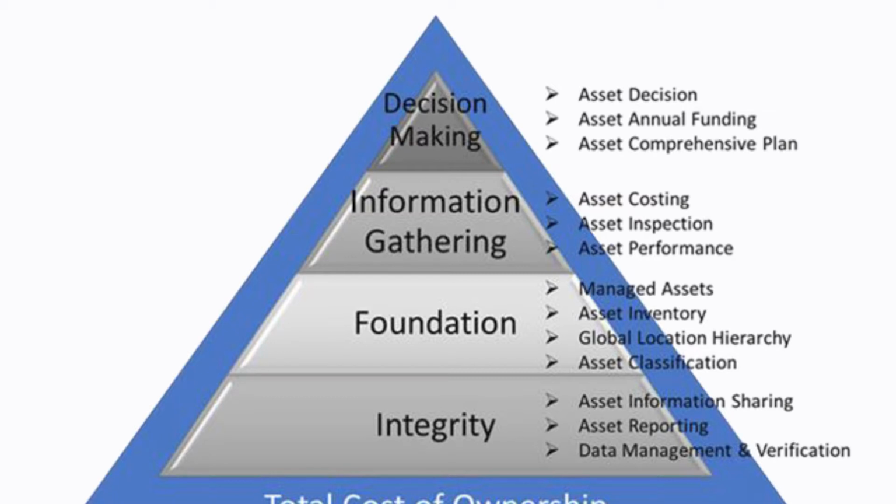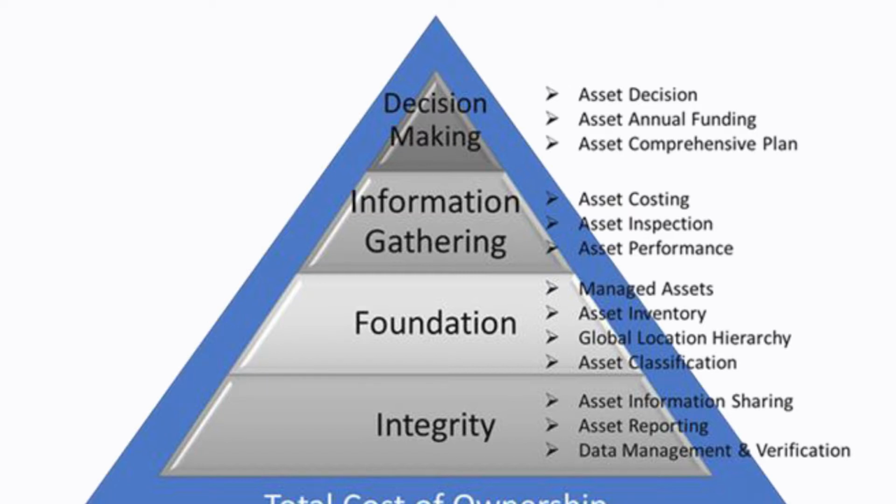Foundation, what assets are you managing? House it somewhere. Assign a location. That could be GIS, or that could be it's on the corner of 24th and Speedway. Asset classification, Uniformat. Information gathering, that's where you're collecting costs, the asset inspection pieces, how it's performing, and then you make the decisions based on that.